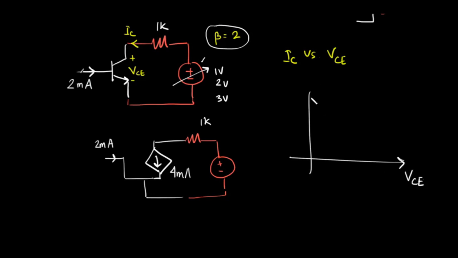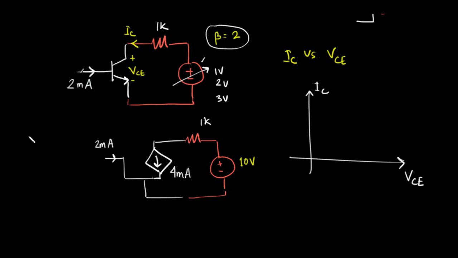VCE and IC. Suppose I apply a voltage of 10 volt at the supply. So what is the value of VCE and what is the value of IC? IC is 4 milliampere, right?